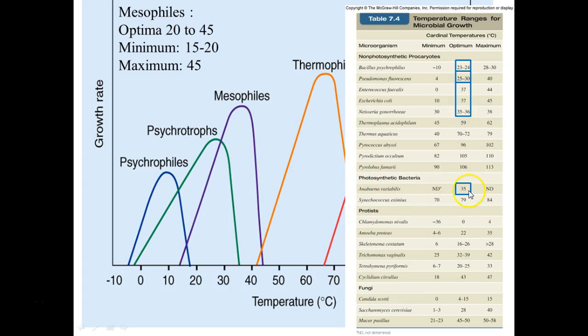Amoeba, right? Or no, that's not amoeba, it's a different one. It's a photosynthetic bacteria that's a mesophile. It's right here in the middle. Here's the amoeba, Amoeba proteus, that can create problems for us. So notice, they like it a little bit cooler. That's their optimum.